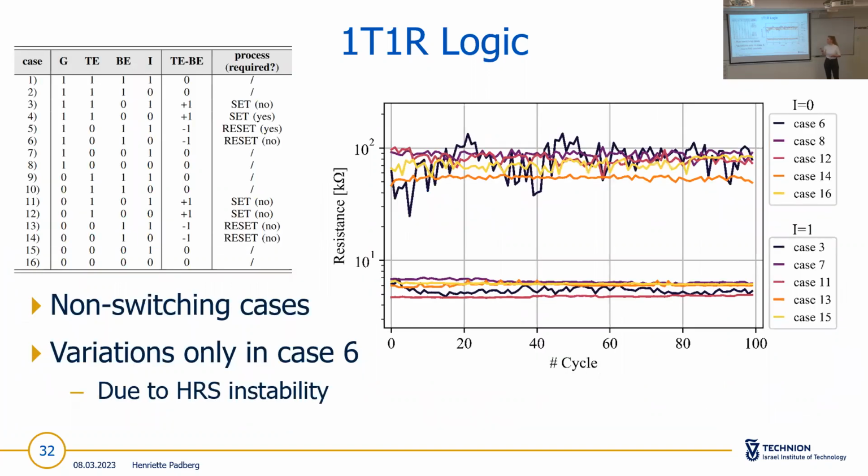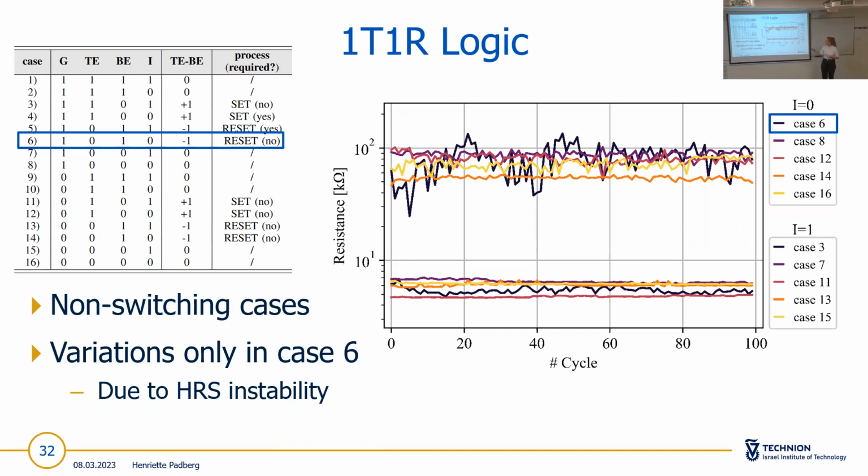If you look a bit closer at the non-switching cases, where the initial and output state stay the same, they are all plotted here over the cycles. As you can see, the resistance stays very constant for all cases except one, and this is case 6. It shows slight variations, and this is caused by HRS instabilities.